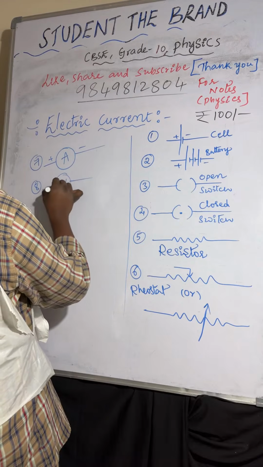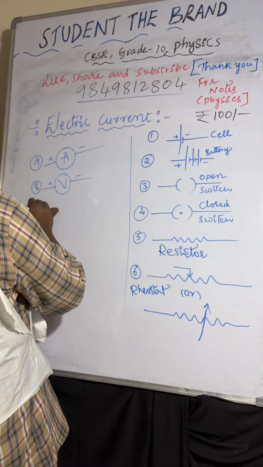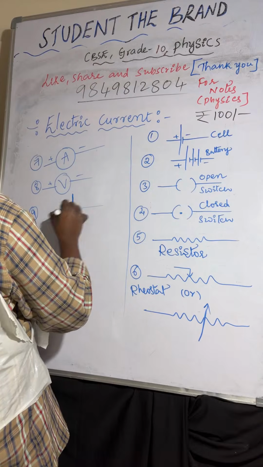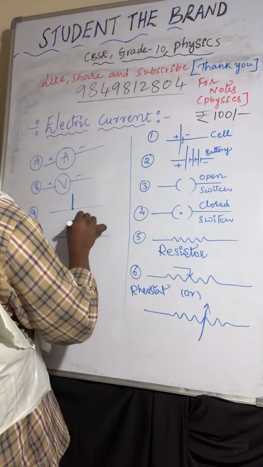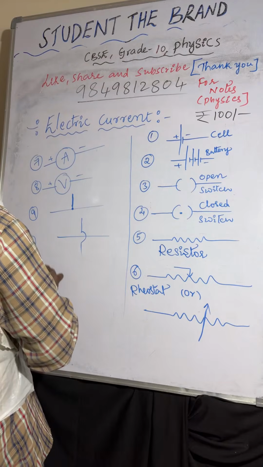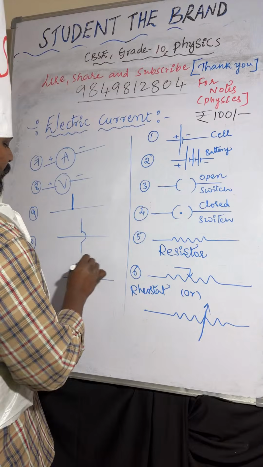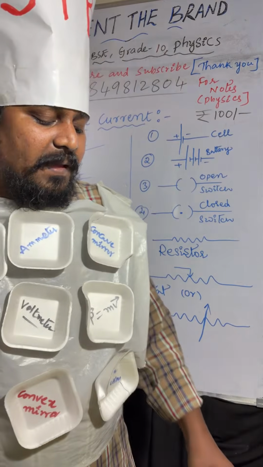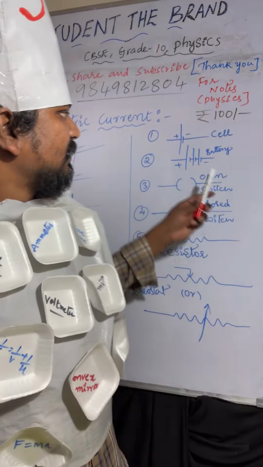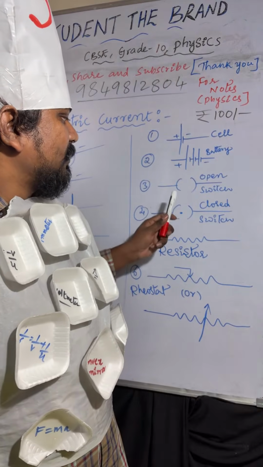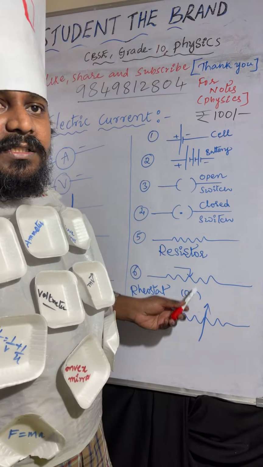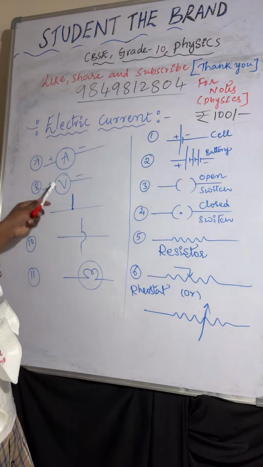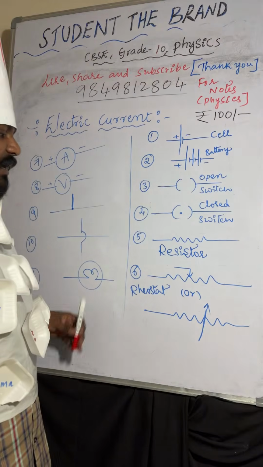This is a voltmeter. Next one, ninth one, wire joining. Next, wire crossing, and 11th one, bulb, electrical bulb. So this is the symbol for electrical bulb. Once again, you can observe cell, battery, open switch, closed switch, resistor, rheostat, ammeter, voltmeter, wire joining, wire crossing, and bulb.